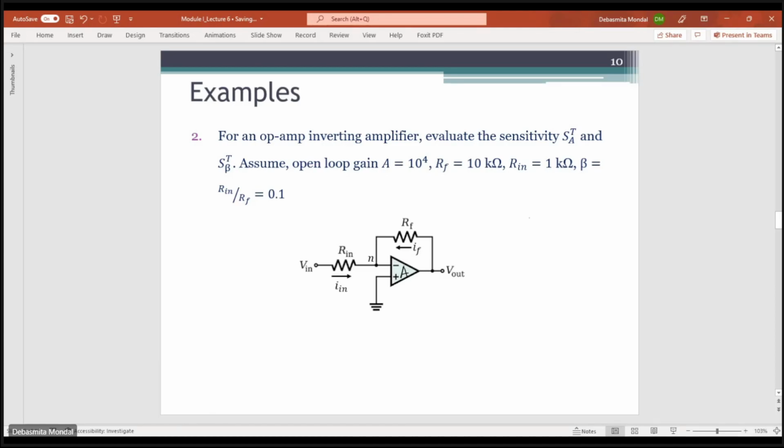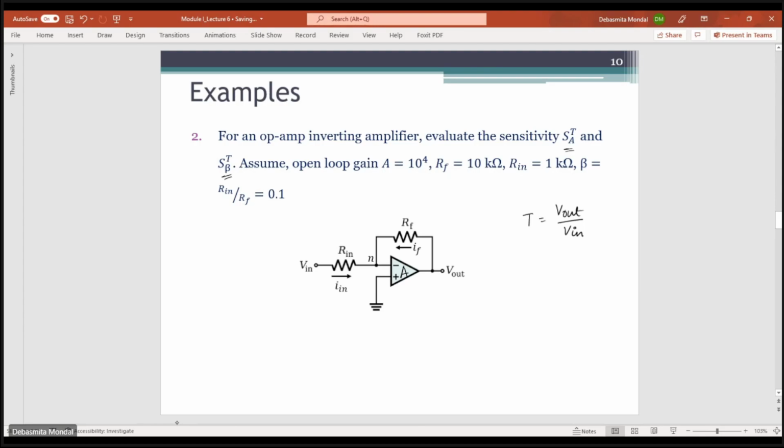T is V out by V in. You have to find the value of T, and from this T find the sensitivity of T with respect to A and of T with respect to B. There are some parameters which are given.